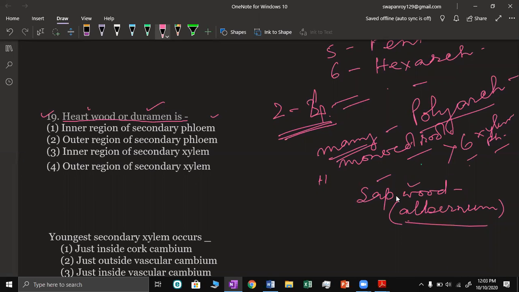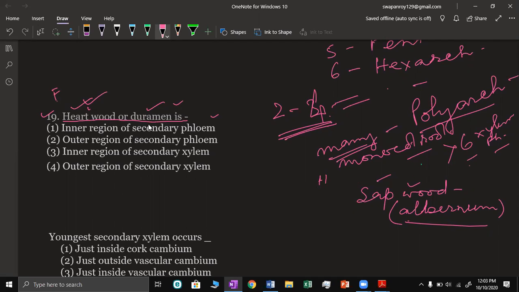This is very durable. It lasts long, it is not easily decayed, and that's why heartwood is very useful and good for furniture and other timber work.